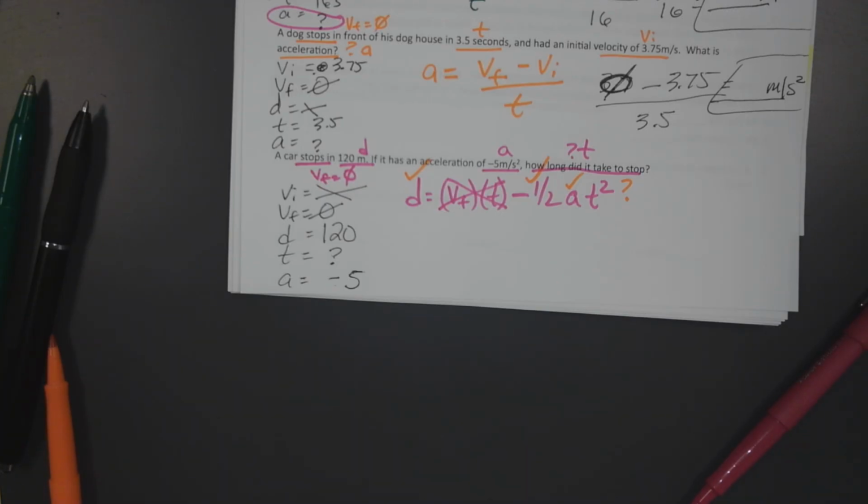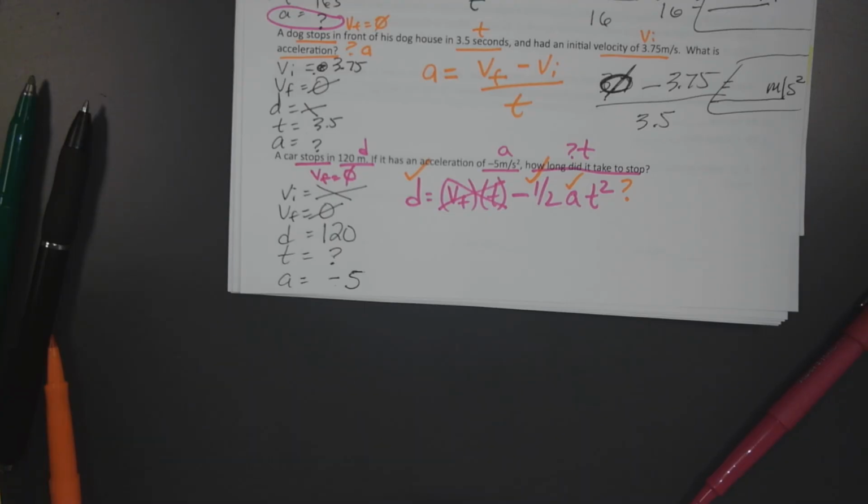Now, I'm looking for T. And knowing that Ms. Munson said that if we're looking for a T variable, our T can never be a negative answer, right? So keep that in mind, that your answer should be positive, okay?